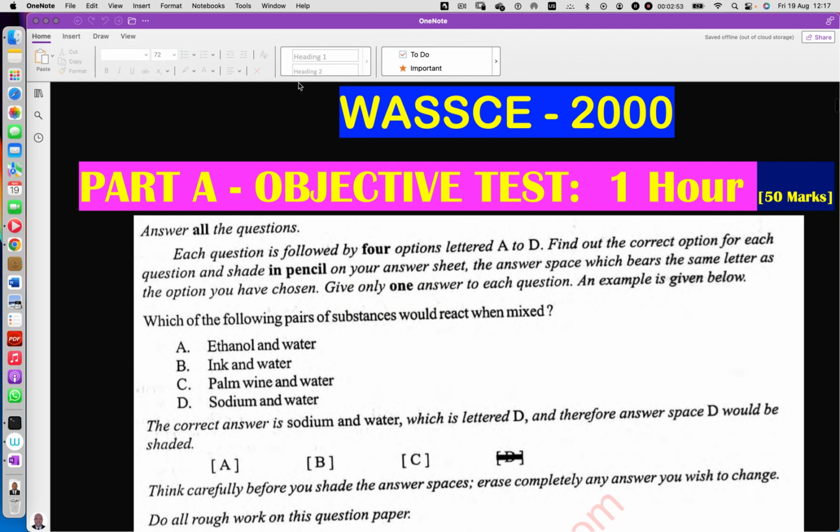The correct answer is sodium and water, which is letter D, and therefore answer space D would be shaded. And answer space D is how it is being shaded.